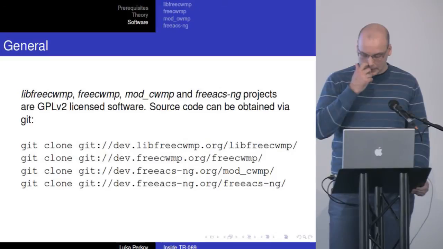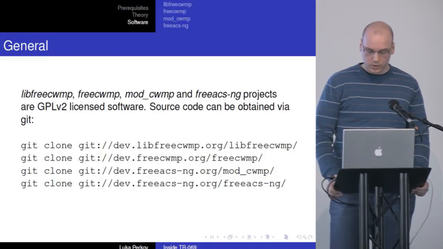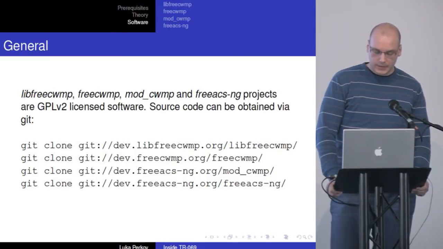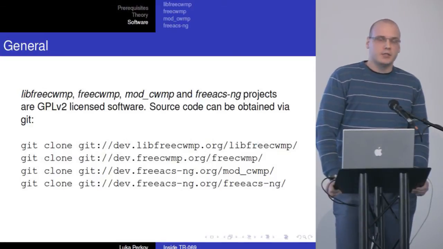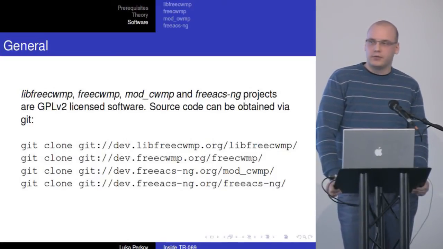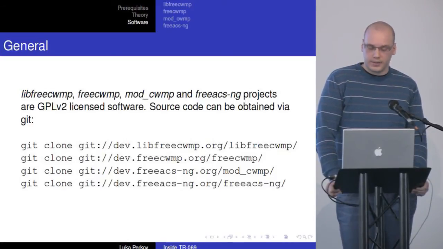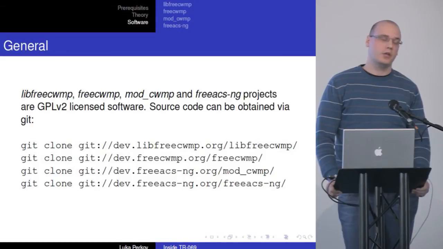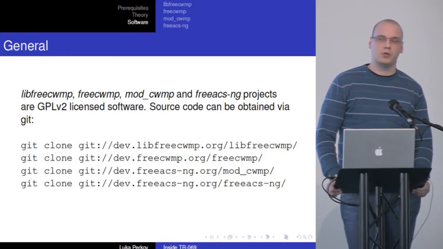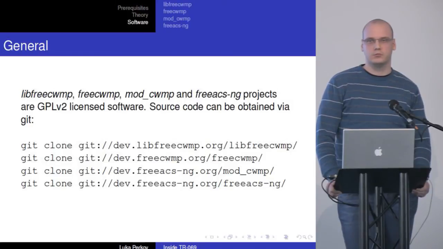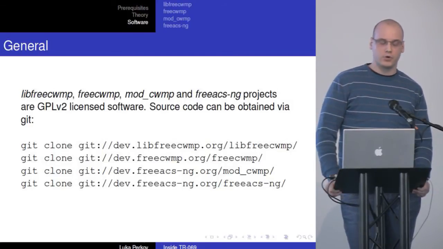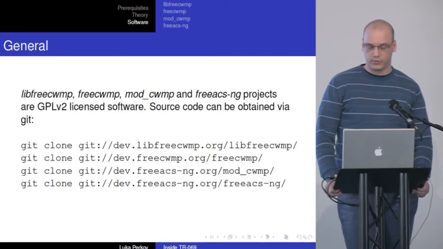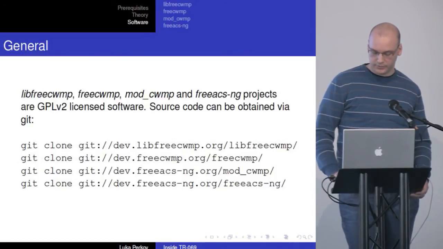And then I started working on a proxy and an ACS server as well. All the software is GPL version 2. That basically means you can look at the sources, make changes. You can keep those changes. You don't need to push them. You only need to push them to the other party if you are going to sell it to them. So if you want to make some changes, you can keep them for yourself.